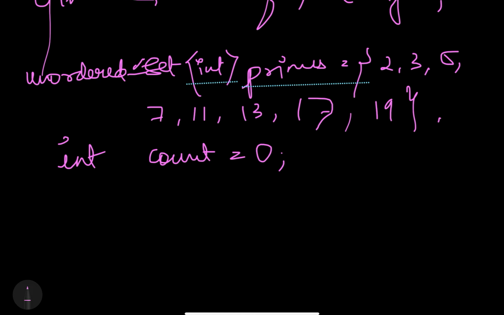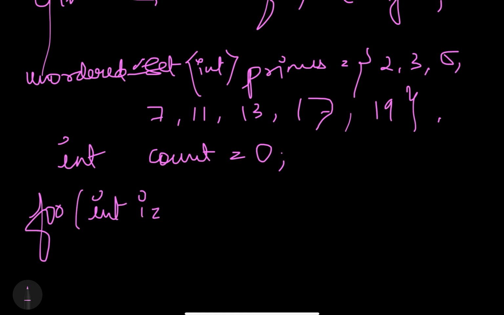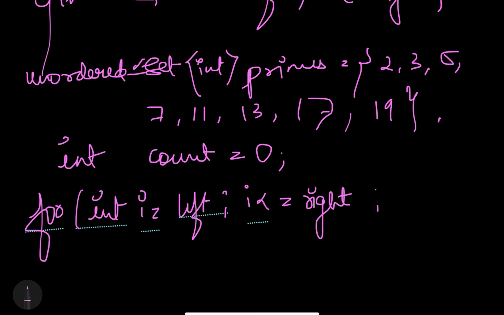What else can we do? Now we'll iterate through all the numbers from left to right: int i equal to left, i less than or equal to right, since right is also inclusive, i plus plus.